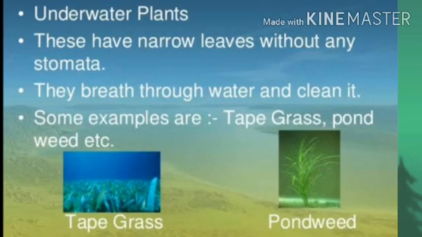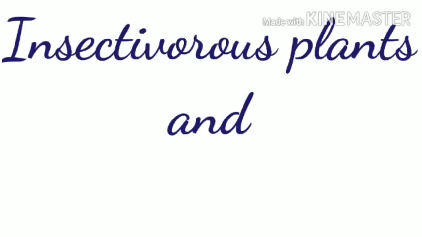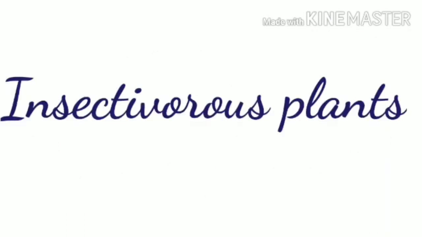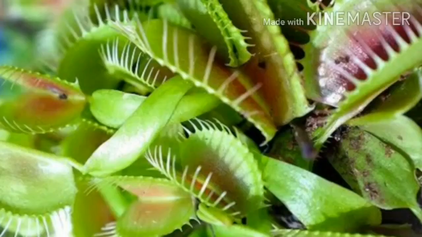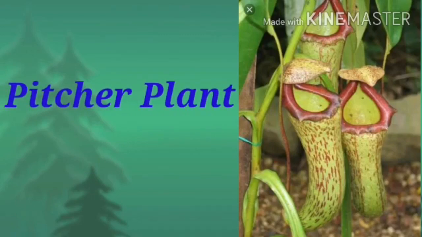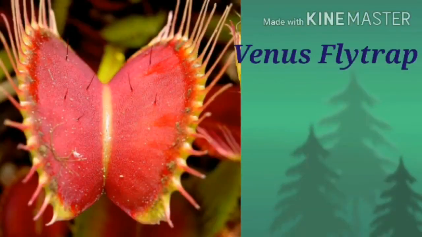Apart from this, we are going to learn about insectivorous plants and plants of the grass family. Let's see about insectivorous plants. Believe it or not, there are some plants that eat insects too, like pitcher plant and Venus flytrap.